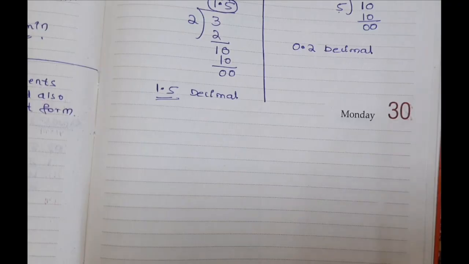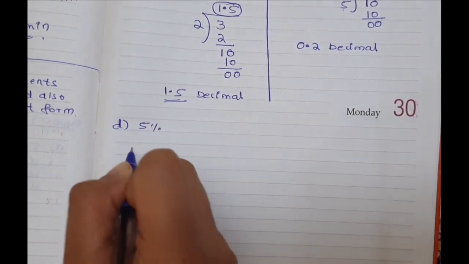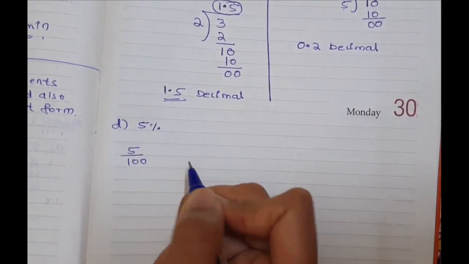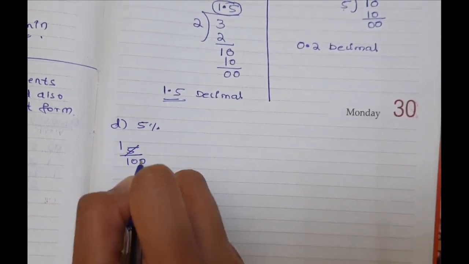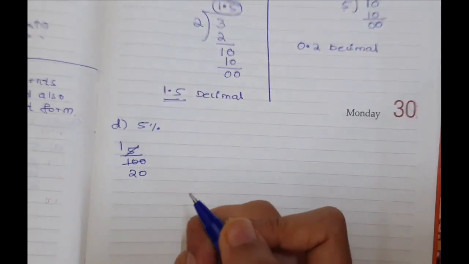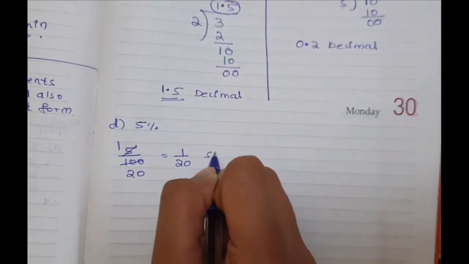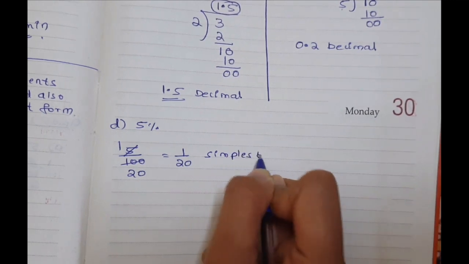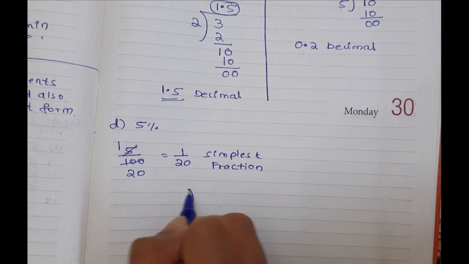Okay. Now let us solve for D. 5%. 5% can be written as 5 divided by 100. Now we can simplify. 5 ones are 5, 5 20s are 100. So 1 by 20 is the simplest form of the fraction. How to convert this into decimal?